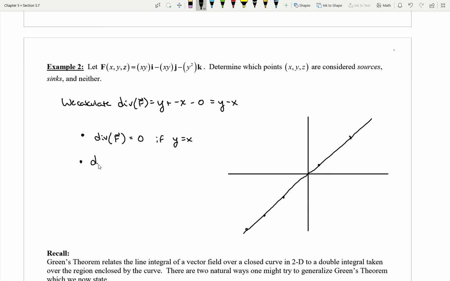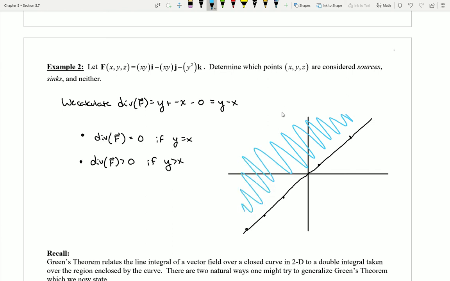Well, let's see. We could say here that my divergence of f would definitely be positive if y was bigger than x, right? Because then I'd have big value minus small. So that would mean that over here, where y's are bigger than x's, what I have are a bunch of sources. So these are source points.